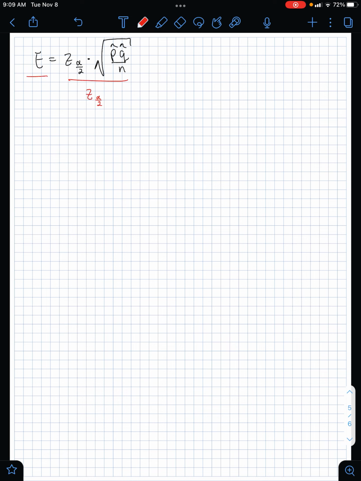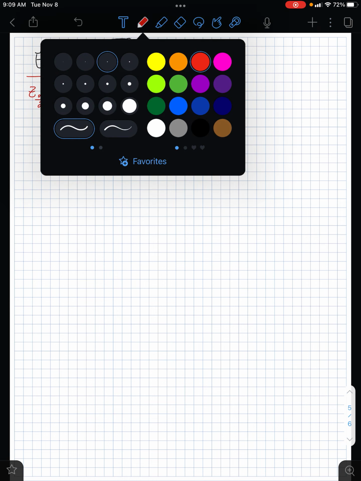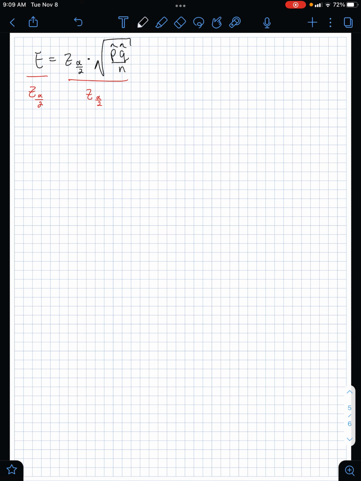The algebra behind this should be somewhat familiar. It is very similar to what we did to come up with the sample size given the error margin when we did the confidence intervals for the mean with large samples. A lot of the steps here are going to be very much the same.